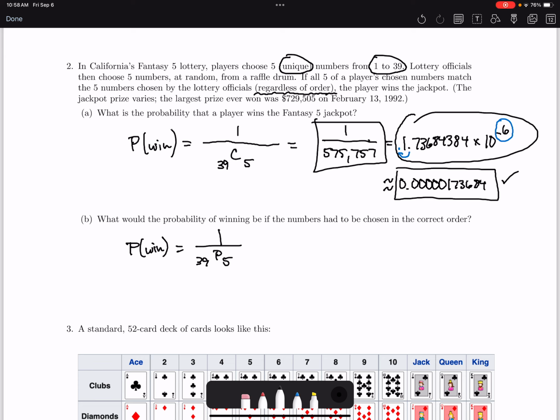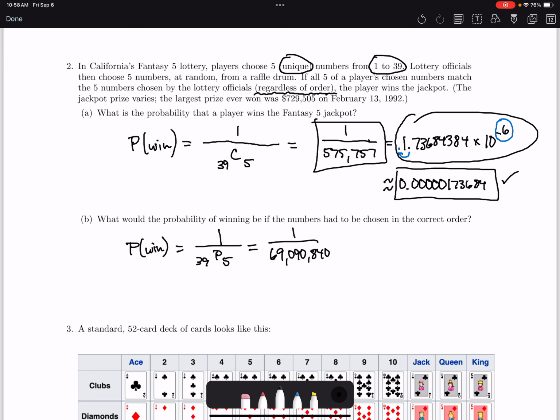So 39 permute 5 is 69,090,840. So if you have to get the numbers in the right order, your chances of winning are even worse. They're tiny.